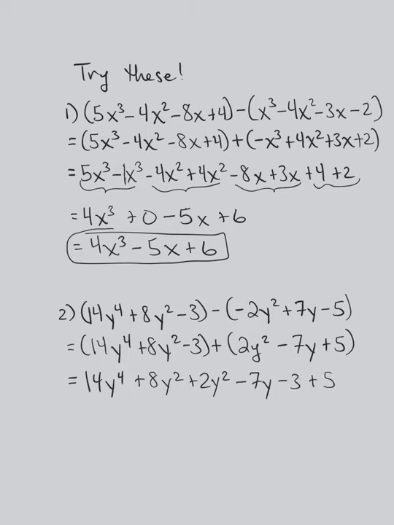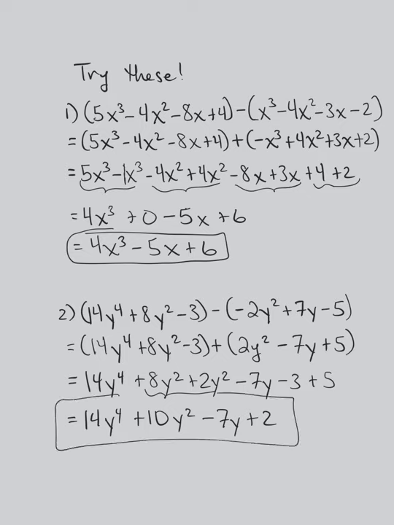Okay, like that. And so notice that there's several here that don't have like terms. So if they don't have like terms, you just rewrite them. Okay, and so here I do 8 plus 2, that's plus 10, but we keep our variable and our power, like that. And then that minus 7y doesn't have a like term. And then I do minus 3 plus 5, which is plus 2. That would be the answer.